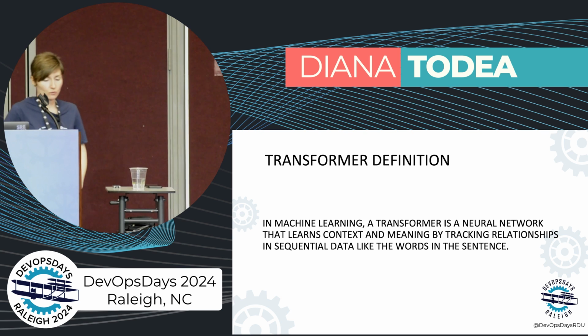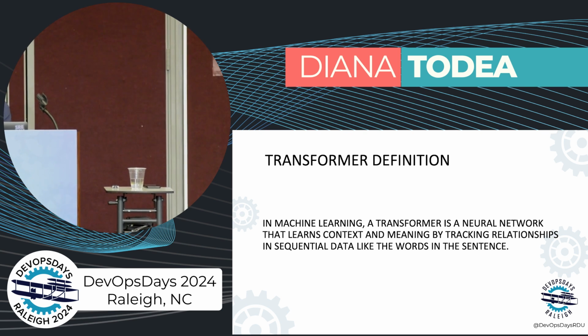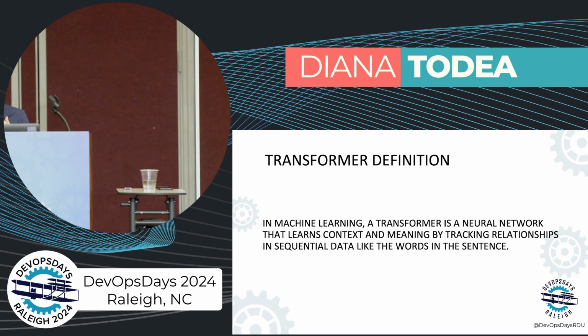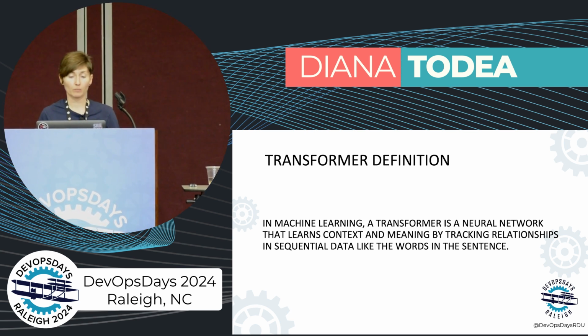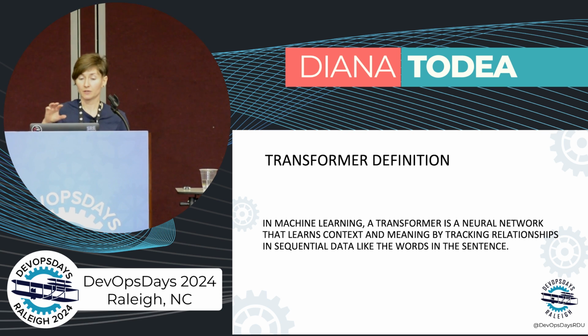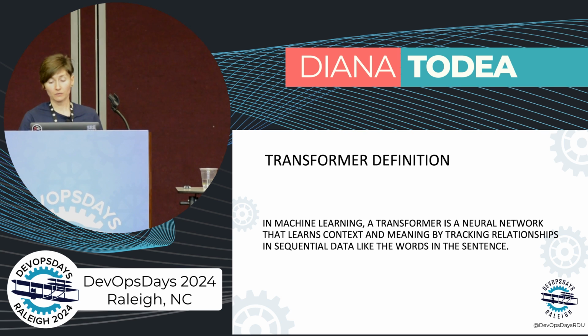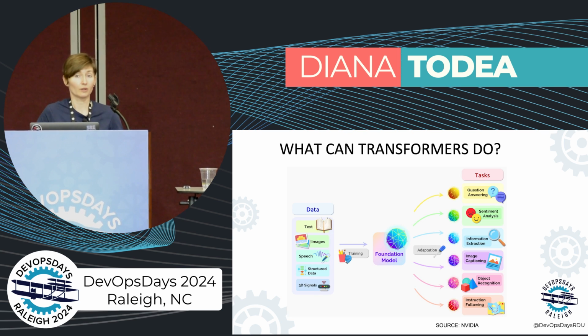When it comes to machine learning, the transformer definition is a very important concept. Transformers are neural networks that learn context and meaning by tracking relationships in sequential data, like the words in a sentence. And they can do a lot of tasks.